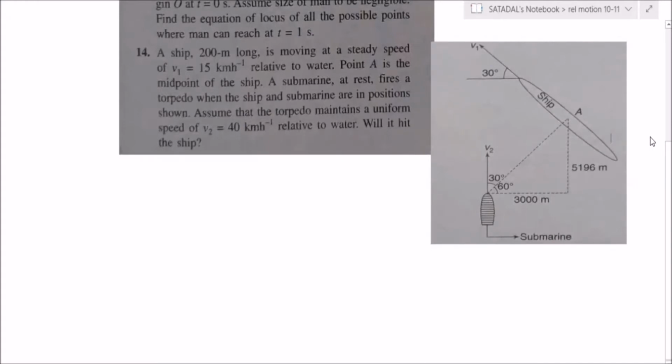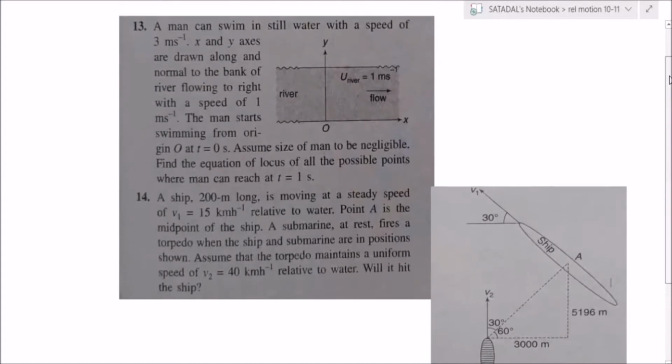The diagram is for question number 14, okay? Yeah, solve the 13th one. Good.